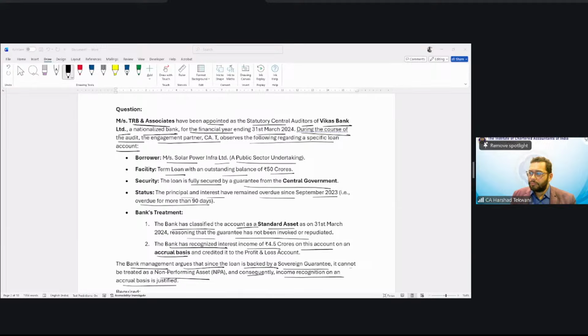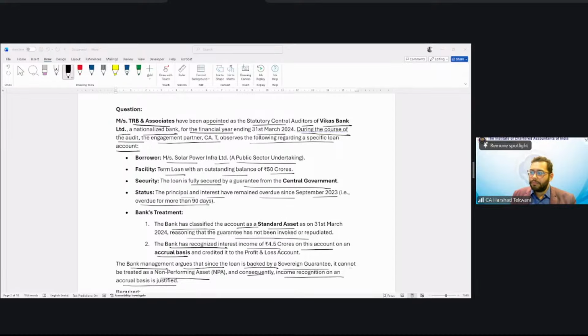Treatment is inappropriate in this case because the principal and interest both have remained overdue for more than 90 days. So there have not been any credits also. Okay. Bank is incorrect. The guarantee by the central government is also not relevant in this case because it has been overdue for 90 days.